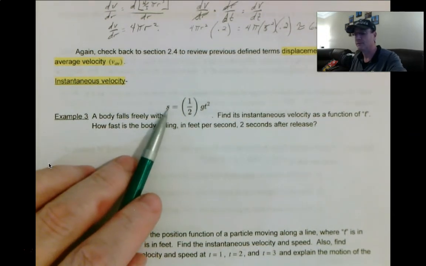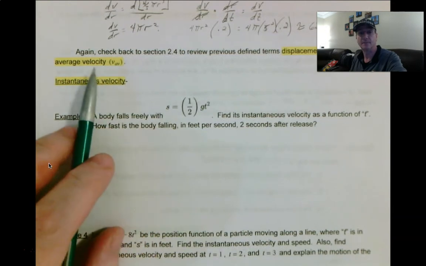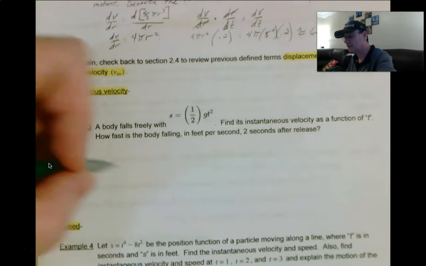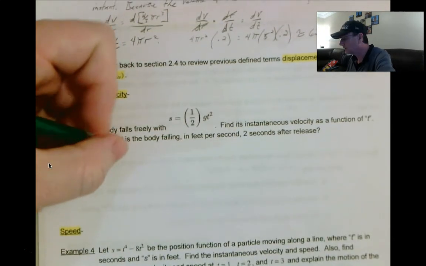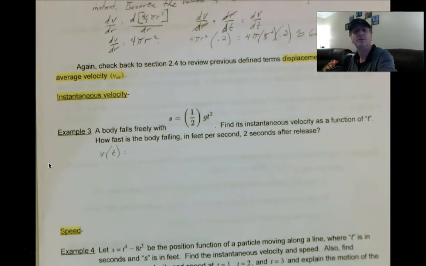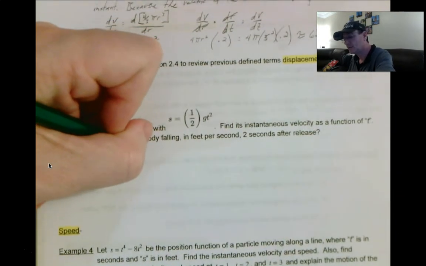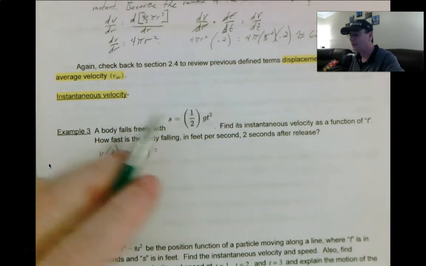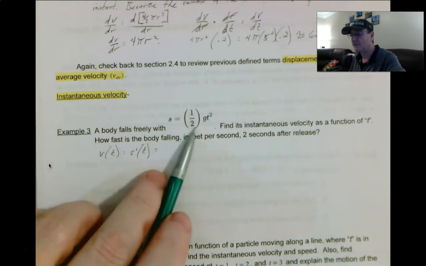So the derivative of position is velocity. That would be defined up here. So v of t is equal to s prime of t, which is equal to the derivative of this function.